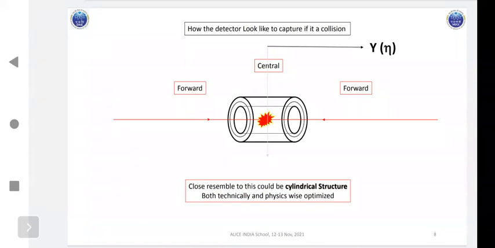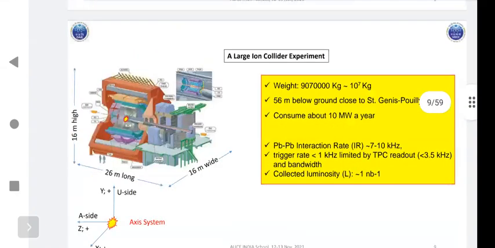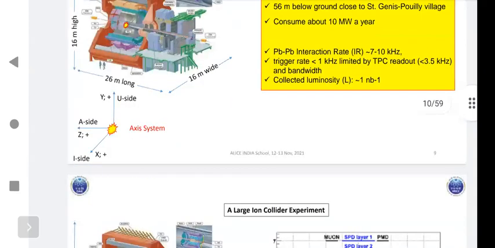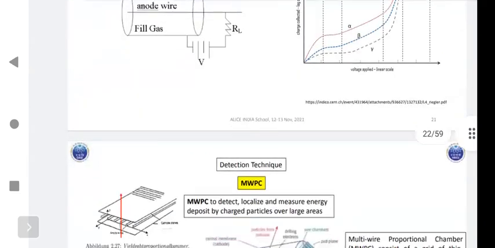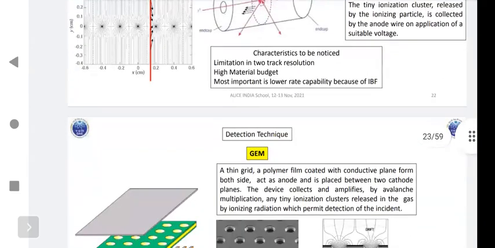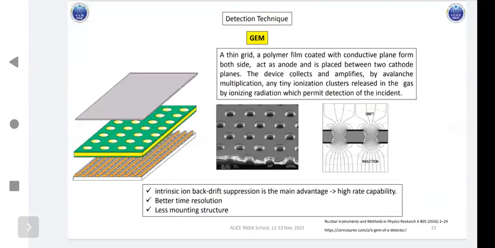So I had a naive question. Since there are these holes in that GEM detector, does the spacing between the holes curb the measurement process in any sense? Because they determine how close particles can be to each other and still be detected. Exactly, your question is very valid.